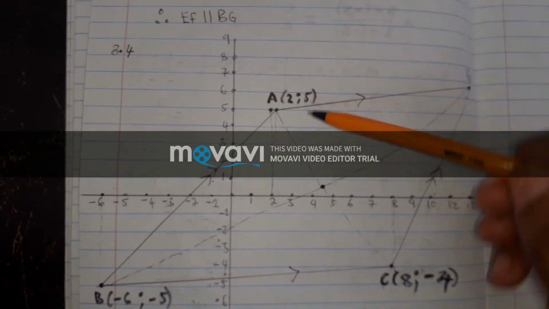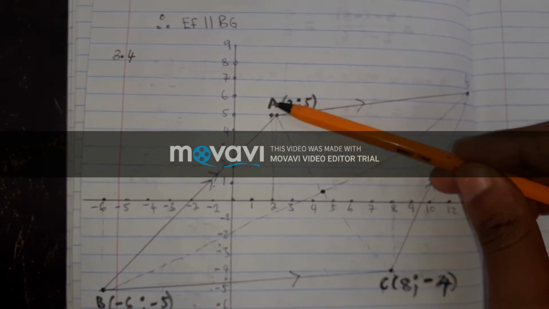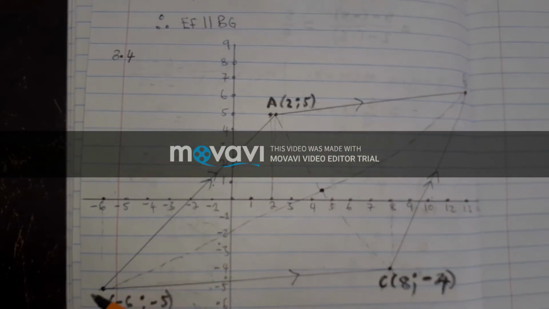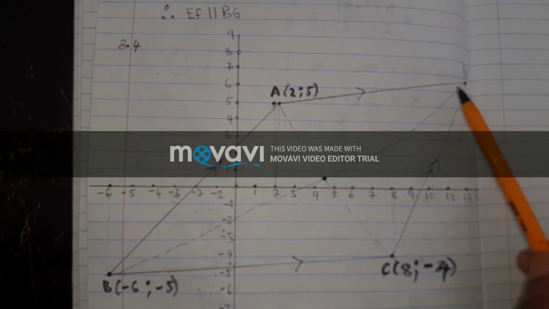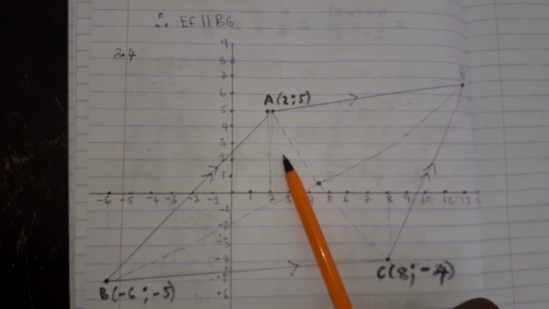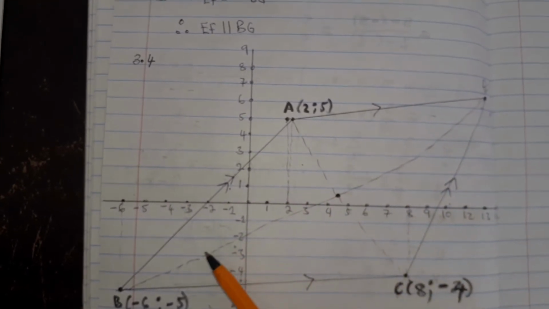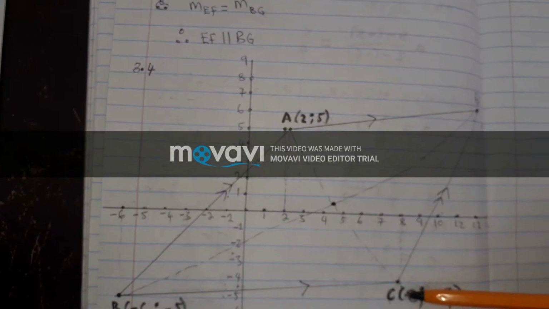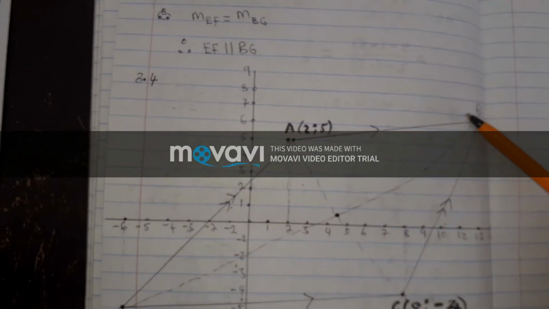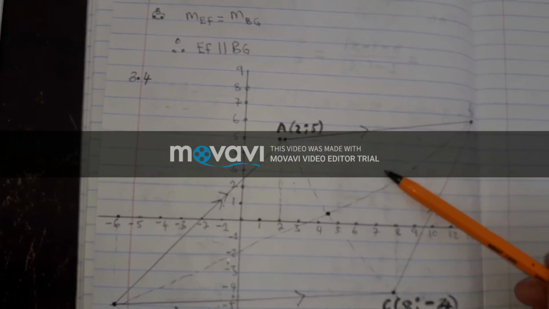So this line BD cuts line AC into two equal parts. Then the same thing can be said about line AC: it cuts line BD into two equal parts.